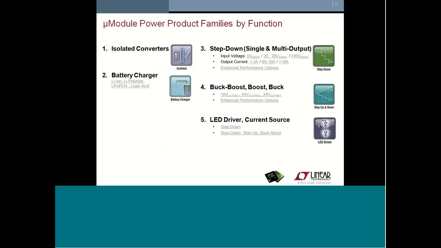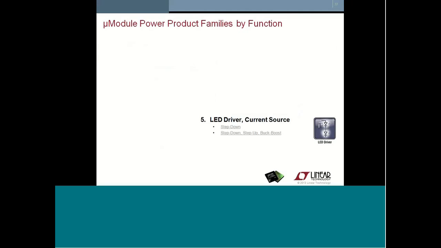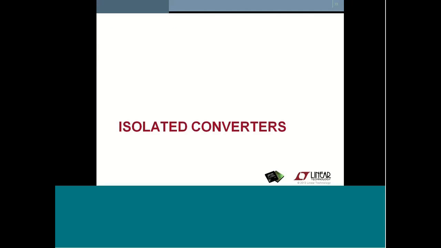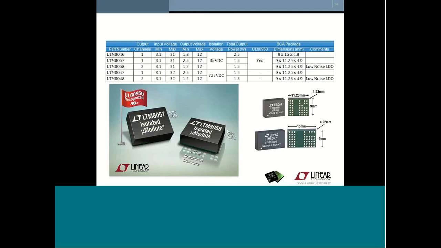Okay, let's stick to the product families by its function. And let's start from the isolated stuff. Isolated micromodules contain 5 parts, 3 of them with the isolation voltage up to 3 kilovolts DC, and 2 with the isolation of 725 volts.